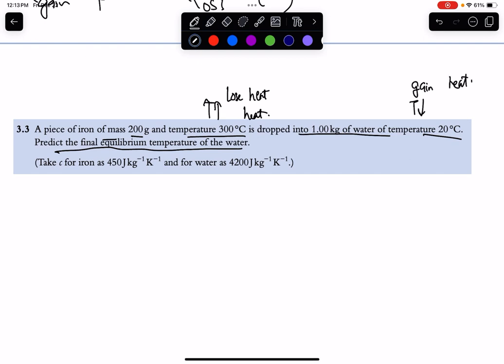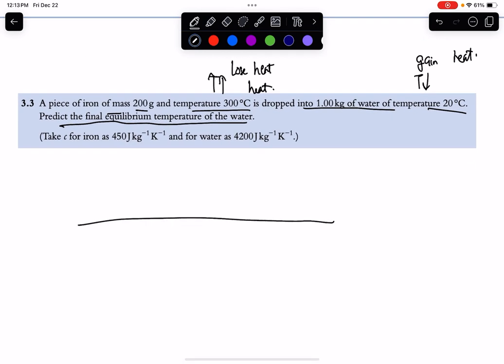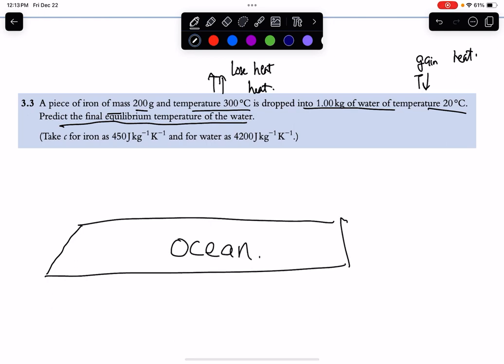Okay? And you can think of it this way. Let's say you have an extreme case, right? Let's say you have an entire ocean over here, okay? Obviously the ocean has more overall thermal energy than, let's say, a drop of water.